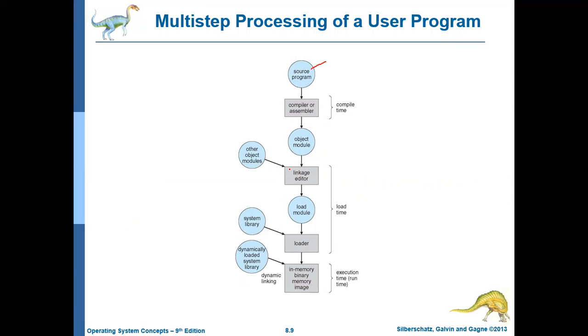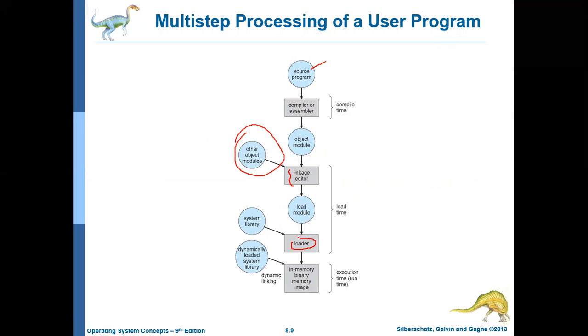Then it is linked. Linking means combining with other object code. Maybe this is one module, there may be another module of your program, or there may be 10 modules. All the 10 modules should be connected. That is what linking does. Then it will be loaded into memory by the loader.